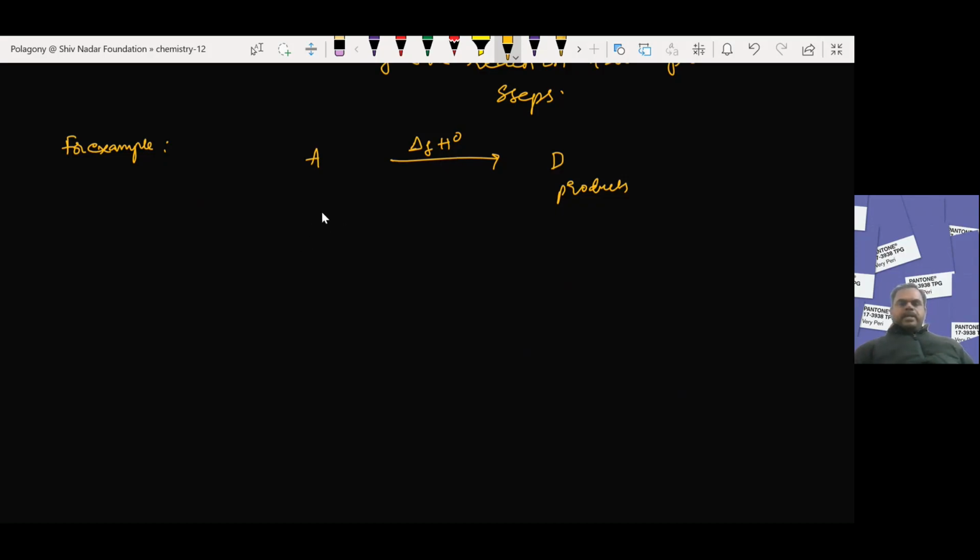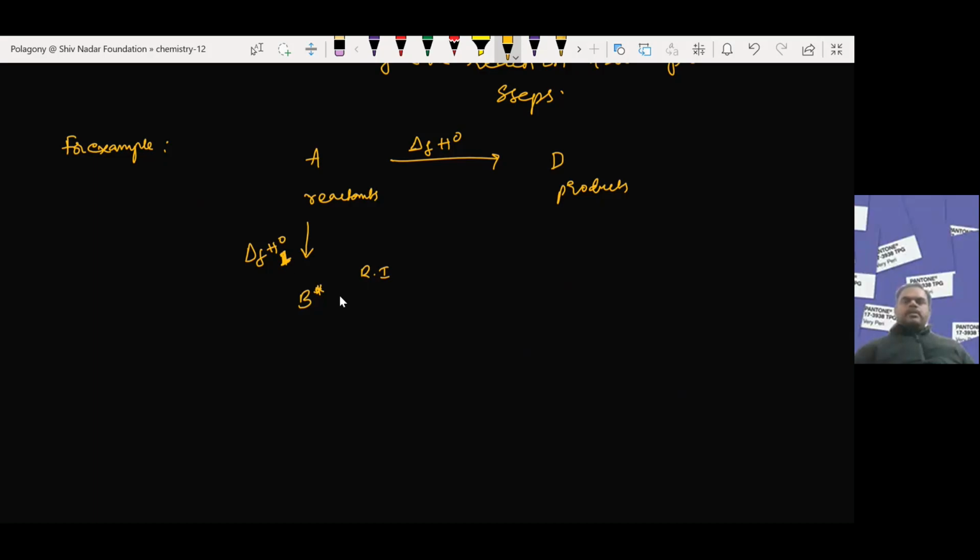In another way, A, the reactant, transforms into B, which is an unstable product, said to be a reaction intermediate. During this, the standard enthalpy formation is some value, say 1.